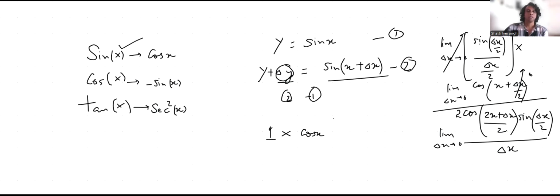So that is the way to prove that dy by dx equals cosine x when y is sine x.